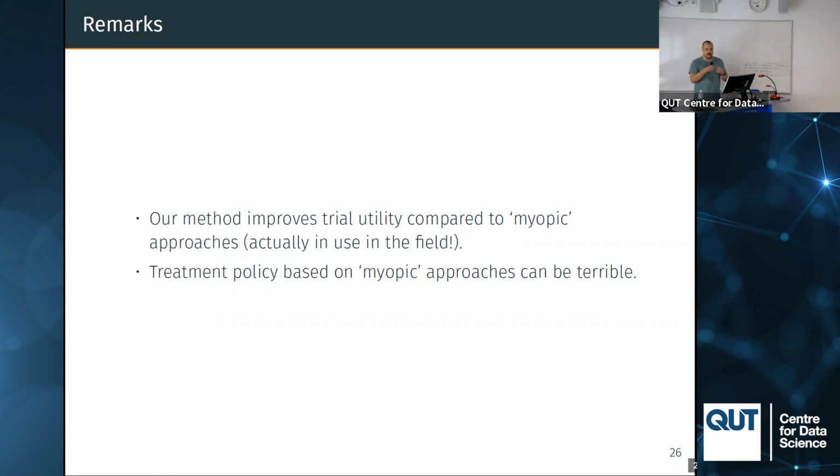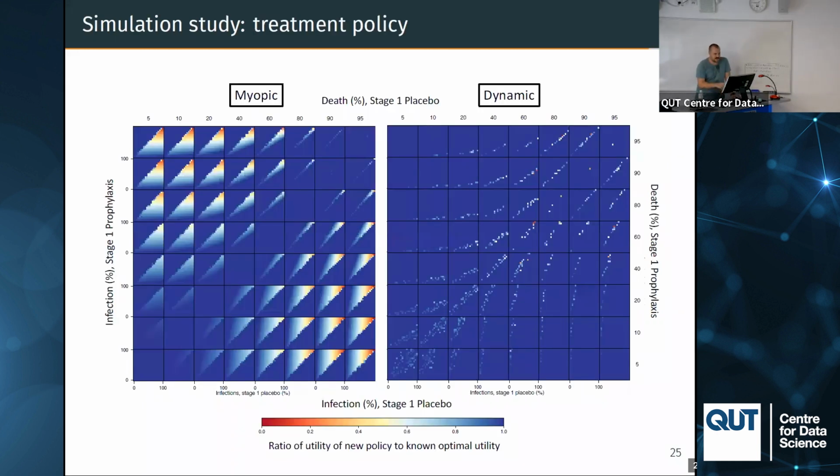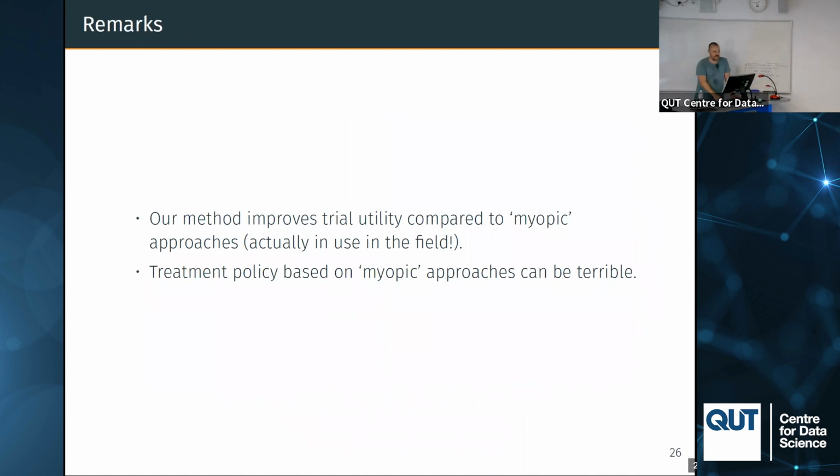They're just sort of cobbled together from results of single-stage trials. And so I think what this shows, and the previous shows, is that that's a bad idea, because you can end up sticking patients on things that initially look really promising, but ultimately are really bad.